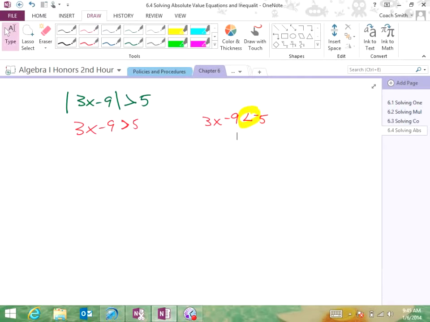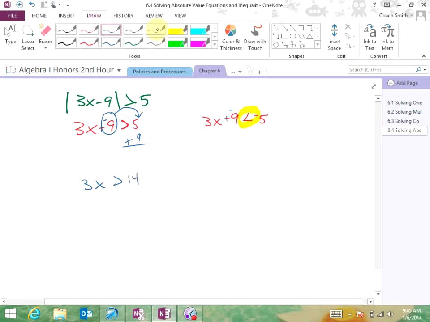Now, we solved these two. I'm going to tell you right up front, you're going to come up with fractions. So, we solved these two. I'm going ahead and changing that to plus and negative. I'm going to take that negative 9 over here, and it becomes a positive 9. And that gives me 3x is greater than 14.